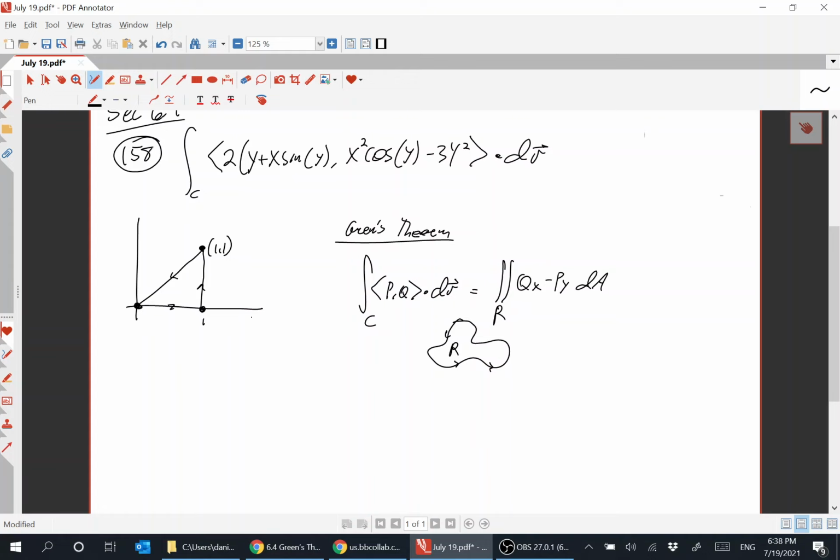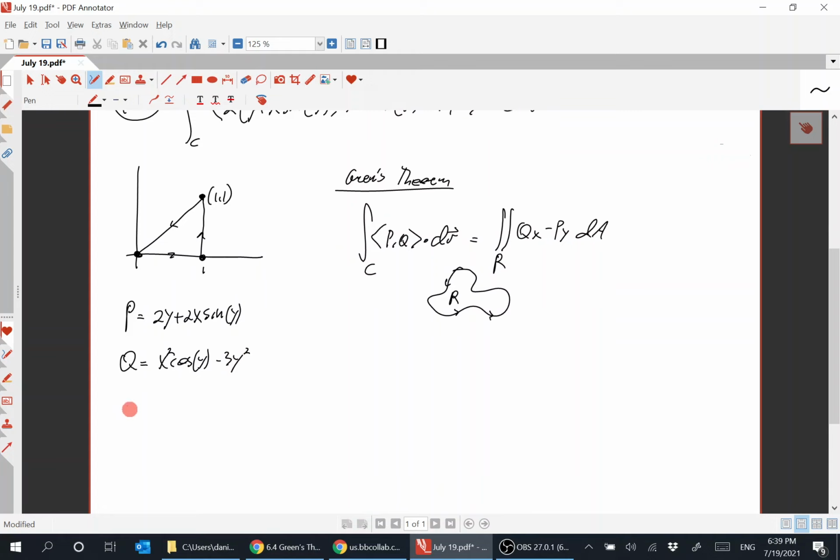Okay? So here P is equal to 2y plus 2x sine y, and Q is equal to x squared cosine y minus 3y squared.